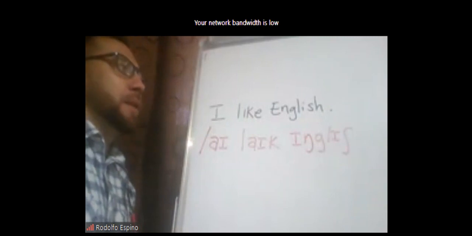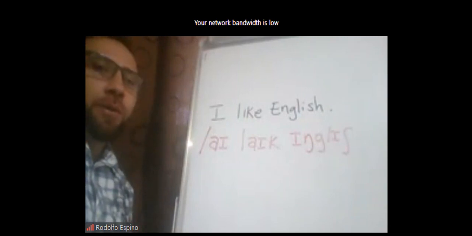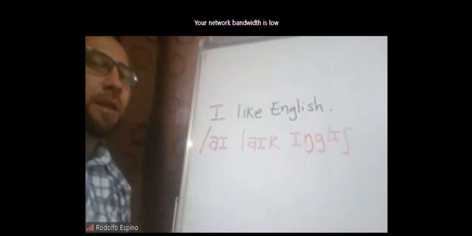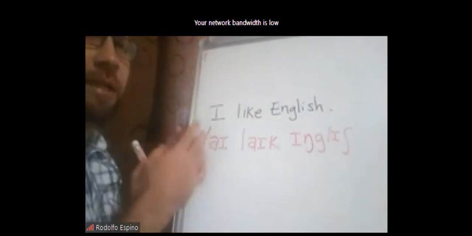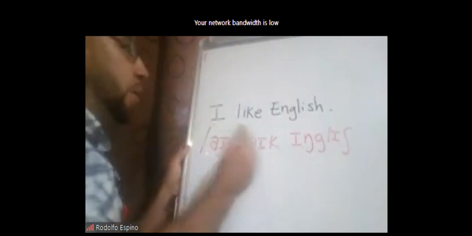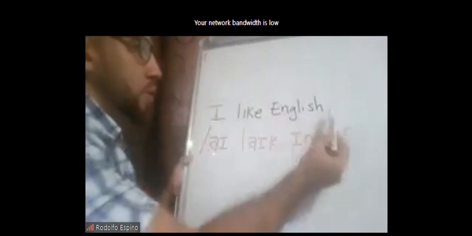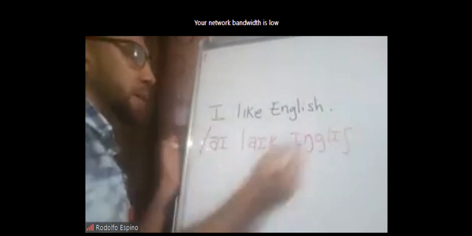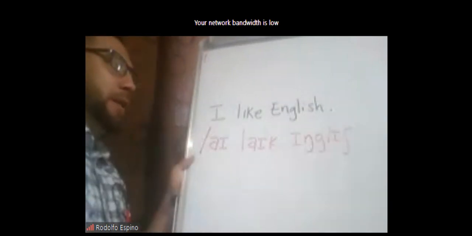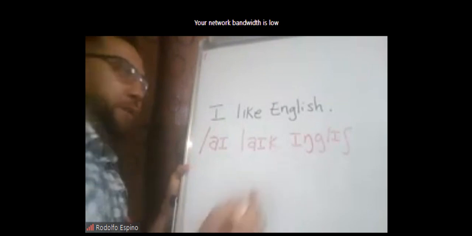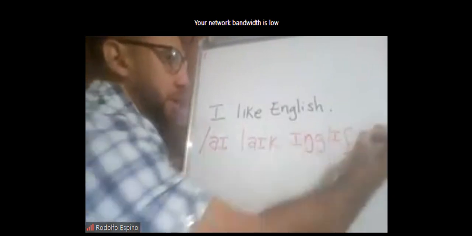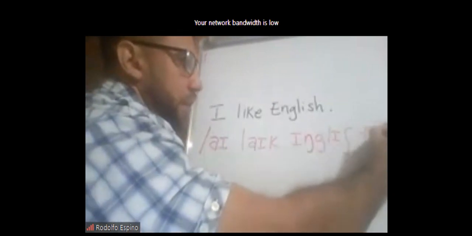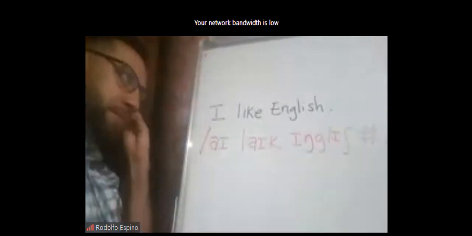What happens? Now you need to include the prosodic signals. In this sentence, since it is a simple sentence, there's only one clause, and the end of that clause will be marked by this period. This period, remember, at the end of the utterance, will be transcribed like this, okay?